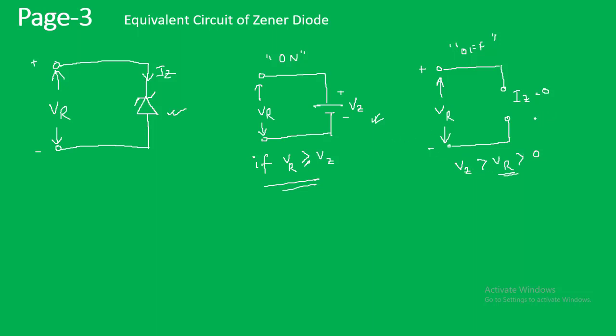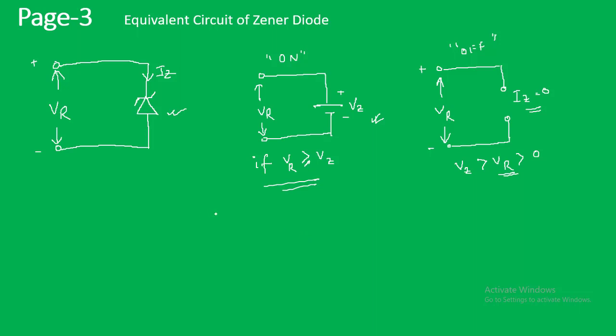In the off condition, Iz may be considered as 0, because the diode is considered as not conducting at all. So this is the equivalent circuit of the Zener diode.